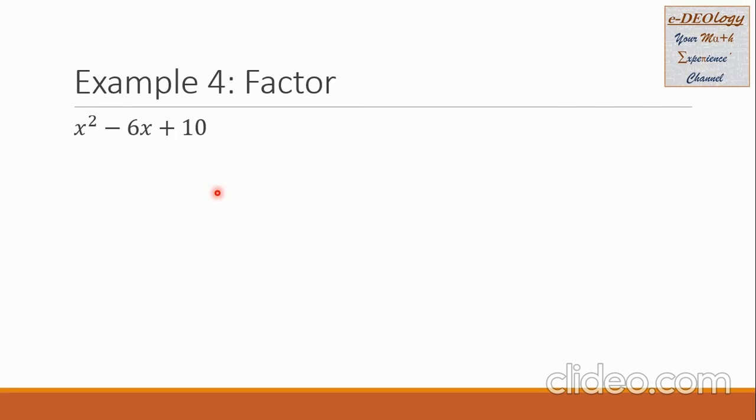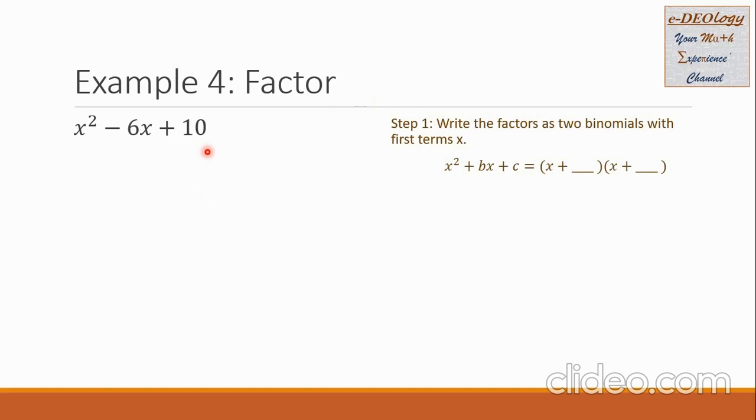Let us have example 4. Let us factor x squared minus 6x plus 10. Step 1, I'm going to put here x plus blank and then times x plus blank.